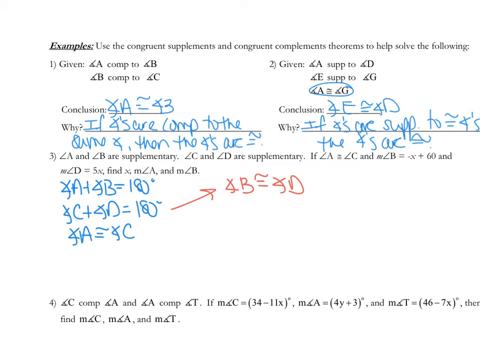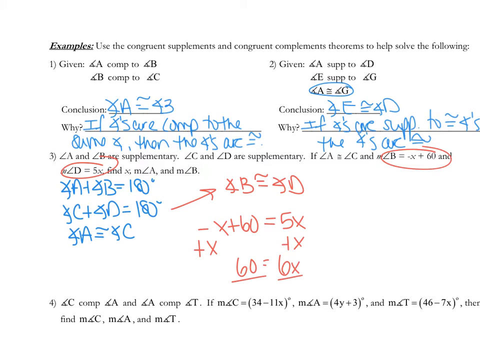Okay, we know the measure of angle B is negative x plus 60, and the measure of angle D is 5x. Where do we get that? From the problem. So add the x to both sides, 60 equals 6x, divide by 6, x equals 10. Then I need to find the measure of angle A and the measure of angle B. Well, let's find B first, since we have an equation for it.